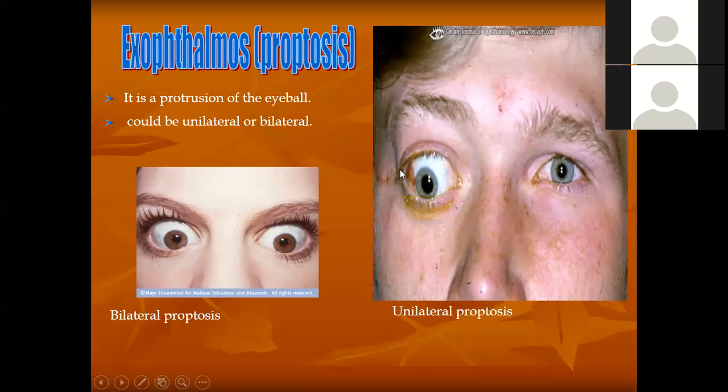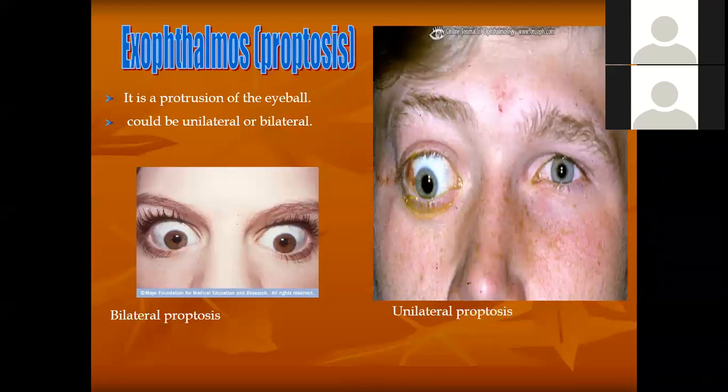Then there are two types of proptosis. One is axial proptosis and the other is non-axial proptosis. In axial proptosis, the eyeball bulges out symmetrically in all directions, while in non-axial proptosis, the eyeball bulges unequally in a specific direction.